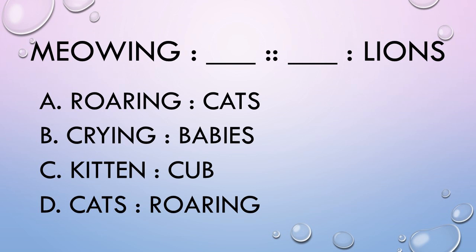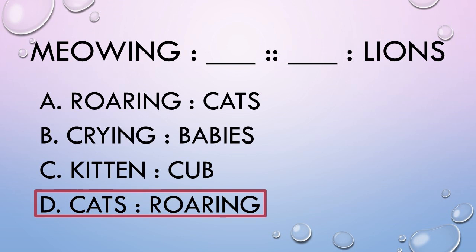Letter A cannot be the answer because cats is not a sound. Letter B cannot also be the right answer because babies is not a sound. Letter C, cub cannot be the right answer as well because cub is not a sound. Therefore, the answer for this one is letter D.